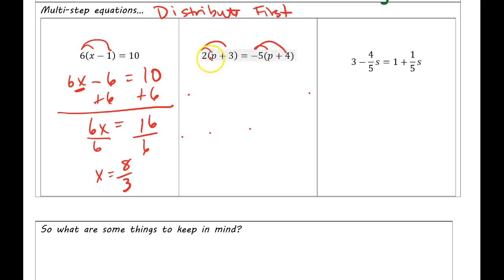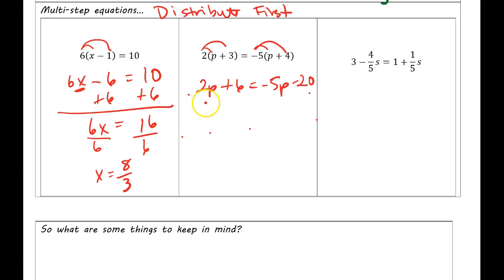Alright, so 2p, or 2 times p is 2p. 2 times a positive 3 is a positive 6. Now over here, same thing. Negative 5 times p, and then negative 5 times 4. So that would be a negative 20, okay? Now we've got p's on both sides, and we've got numbers on both sides. So you get to decide, like, where you want your variable to be.